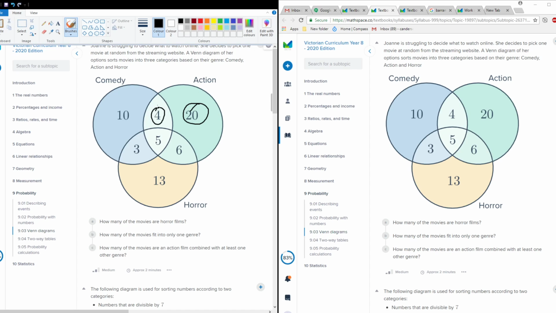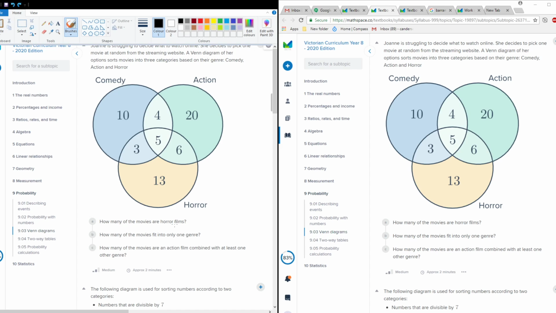These ones in here are both action and comedy. These ones in here are both horror and comedy because they're in 2 circles. This one here in the middle, that's in 3, so it's in this circle, it's in this circle, and it's in this circle. So depending on where it is, says what genres it has and how many it has.